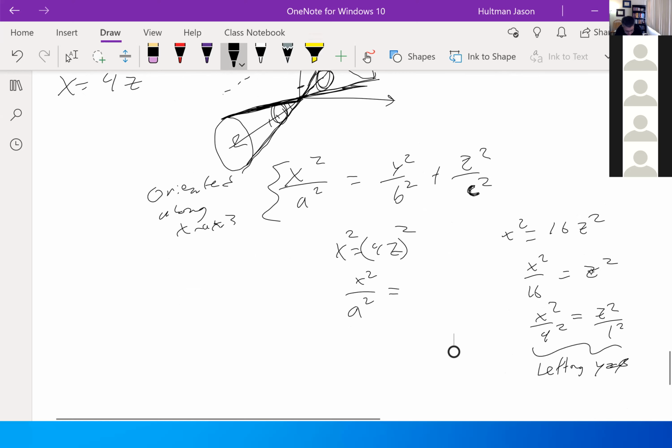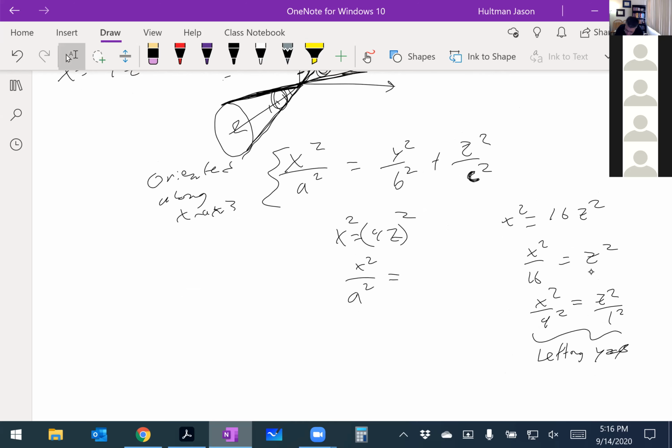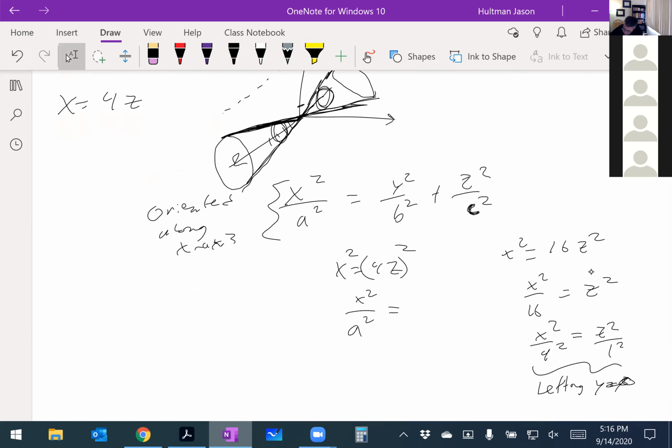So we'll get to that in a second. What are the slices here of this thing? When y is 0, it looks like a straight line. The traces of it are a straight line. Wish I had a good diagram of that.